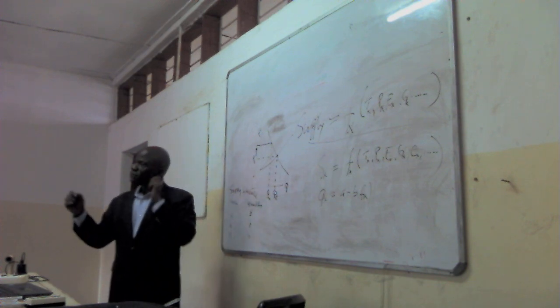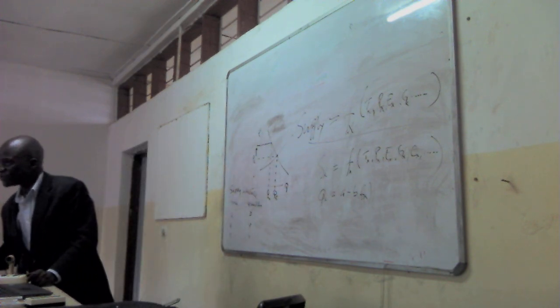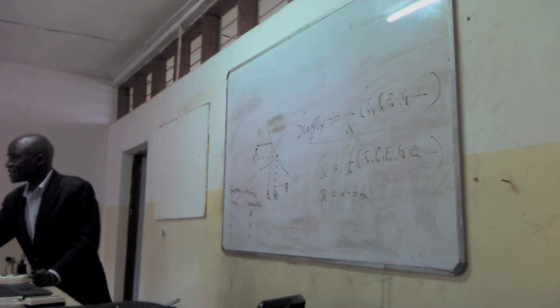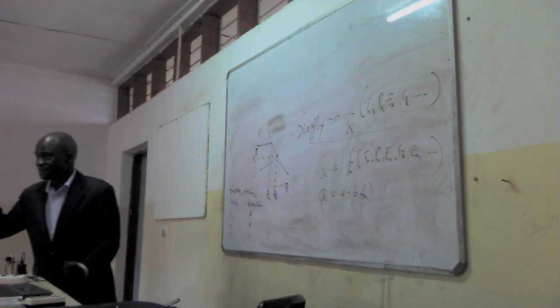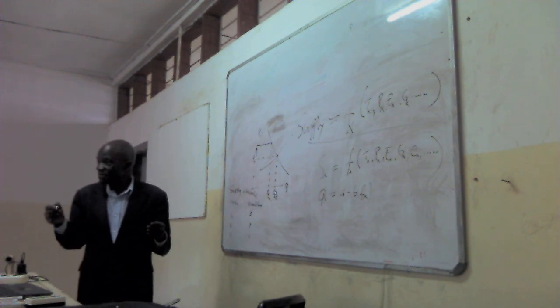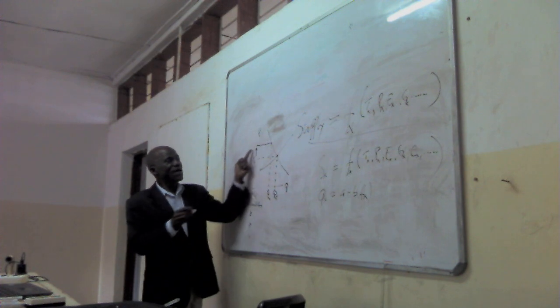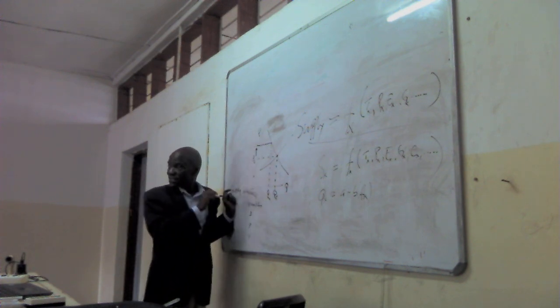But what does the law of supply tell us? The law of supply says that when the price goes up, the quantity supplied also goes up, because the suppliers are now happy. They think they can make profit. So the price has gone up. Let's find where the supply is.